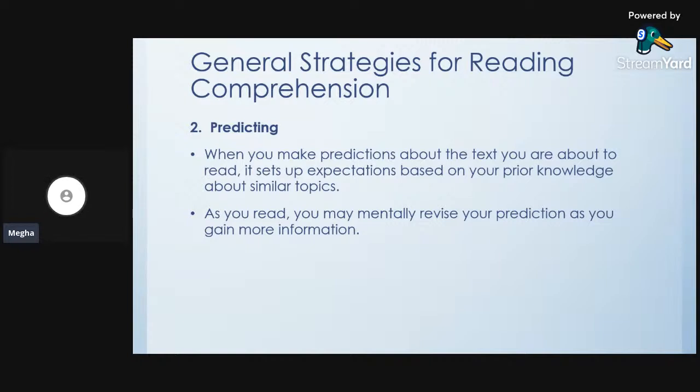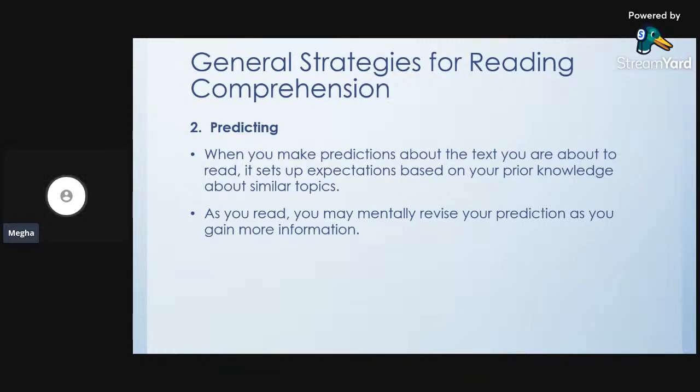You have some prior knowledge about COVID-19: in what way that pandemic hit throughout the world, how people were affected by it. So some knowledge you will have based on the given topic, so it'll be easier for you to make predictions about the text you're about to read.